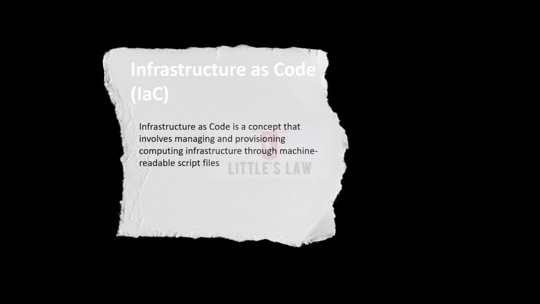First let me tell you what infrastructure as code is. Infrastructure as code is a concept that involves managing and provisioning computing infrastructure through machine readable script files rather than through physical hardware configuration or interactive configuration tools. The main goal is to automate the process of setting up and managing infrastructure, making it more efficient, scalable, and reproducible.